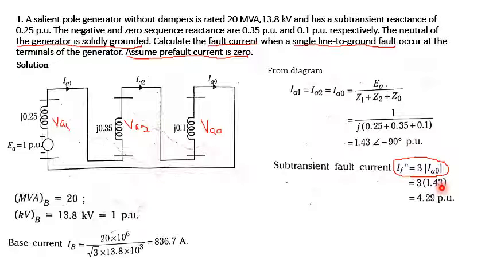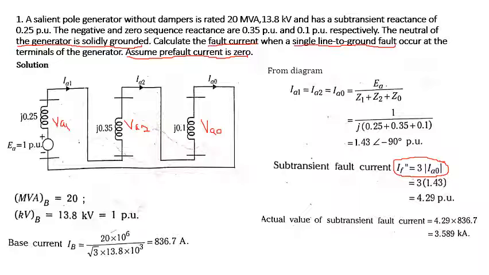But we need to calculate the absolute value. How are we going to calculate it? Because it is a base current, how do we calculate the base current?